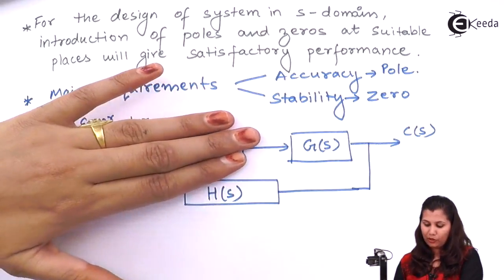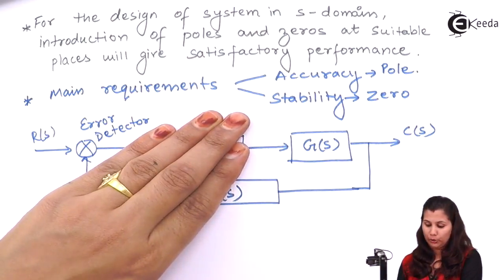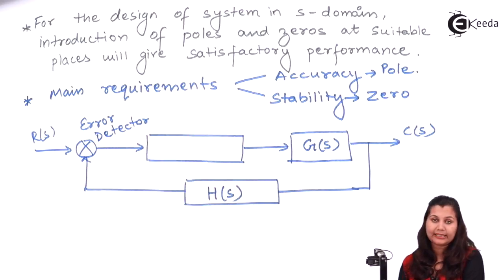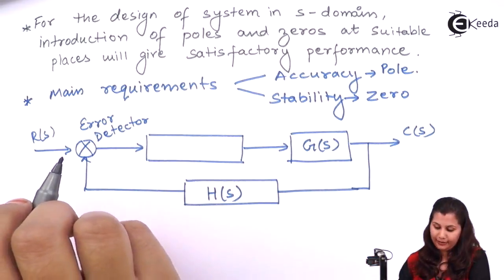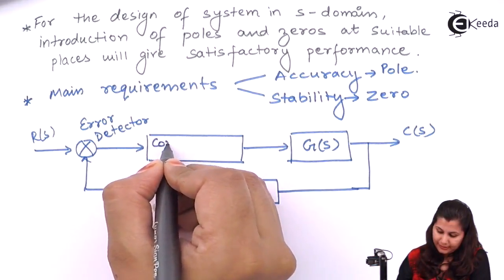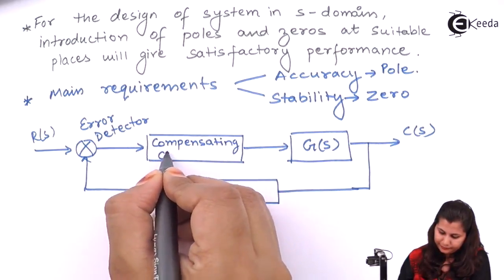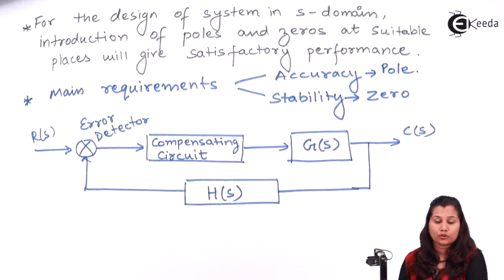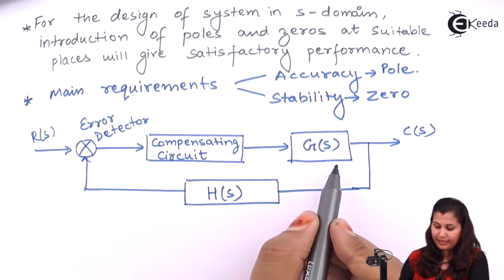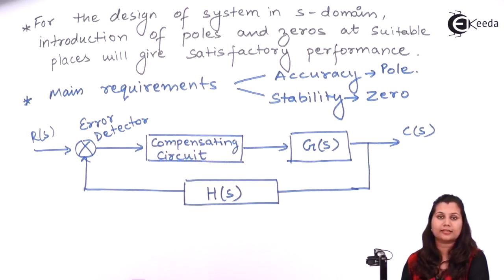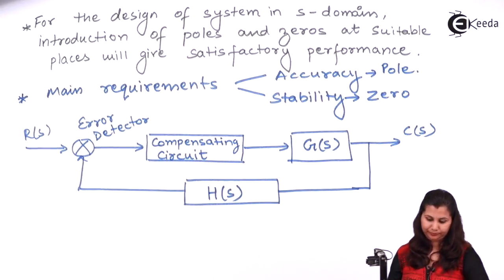Don't consider this block. This is the general block diagram of a control system. Now here we are adding an external device between the error detector and the plant, and this is the compensating circuit. So we are adding this compensating circuit between the error detector and the plant so that the system gives us a desirable performance.